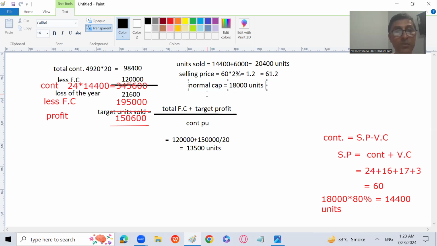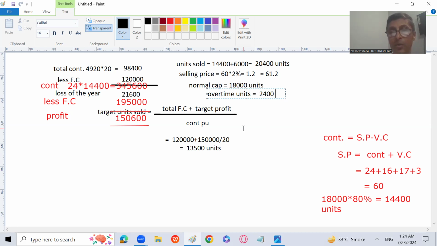But normal capacity is 18,000 units, and above this capacity, we have to pay more overtime. So the overtime units are 20,400 minus 18,000. So 2,400 units are those on which we have to pay overtime.